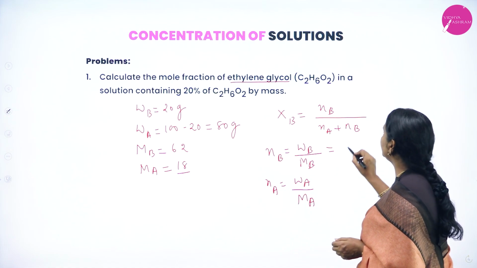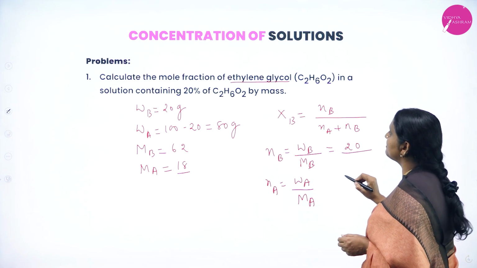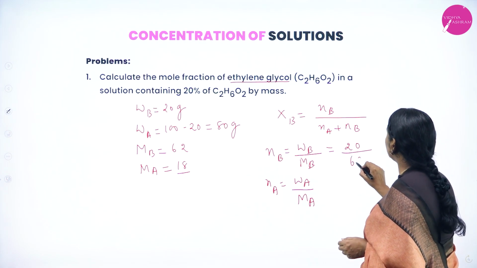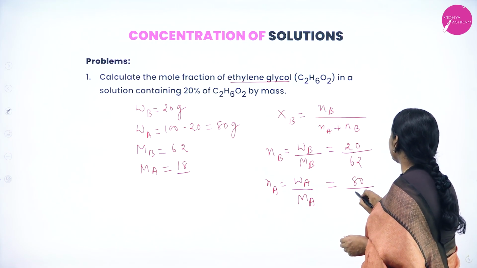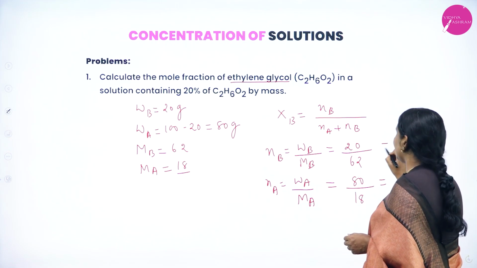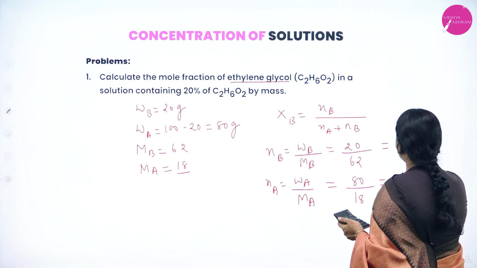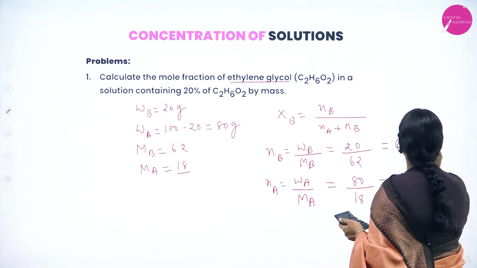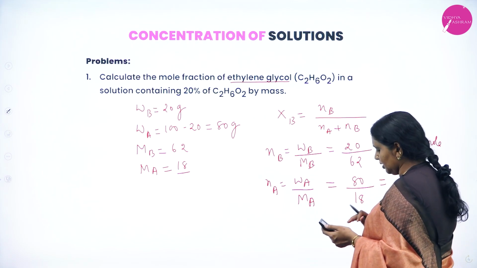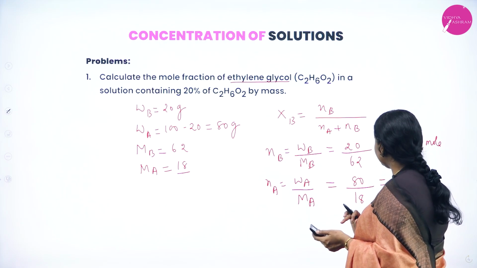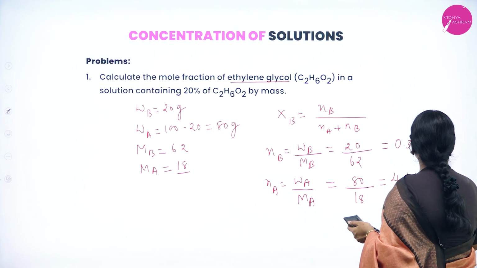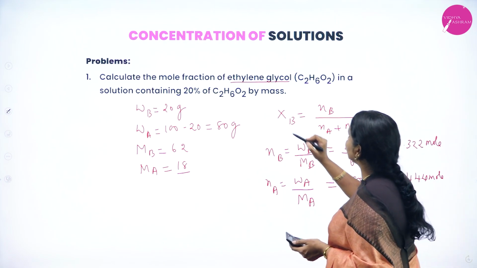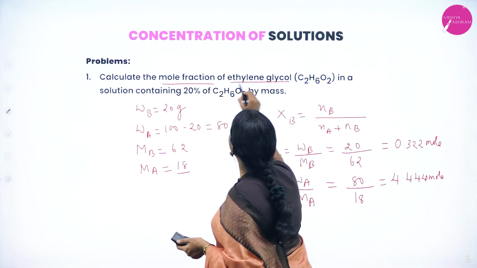WB is 20, MB is 62, WA is 80, and MA is 18. That is 20 by 62, which is 0.322 mole. Next, 80 by 18 is 4.444 mole.